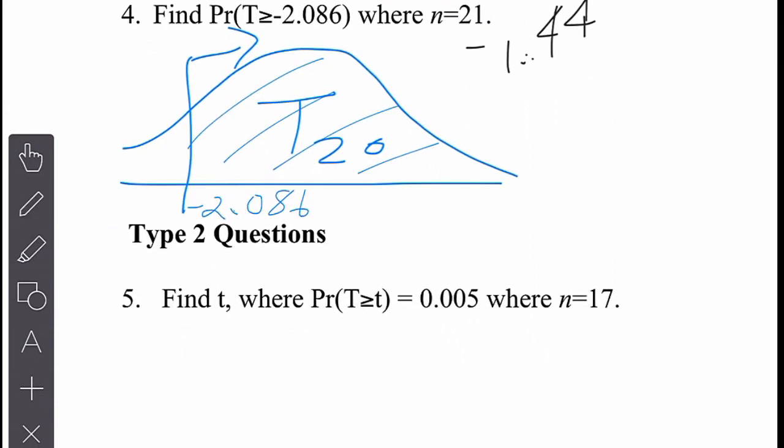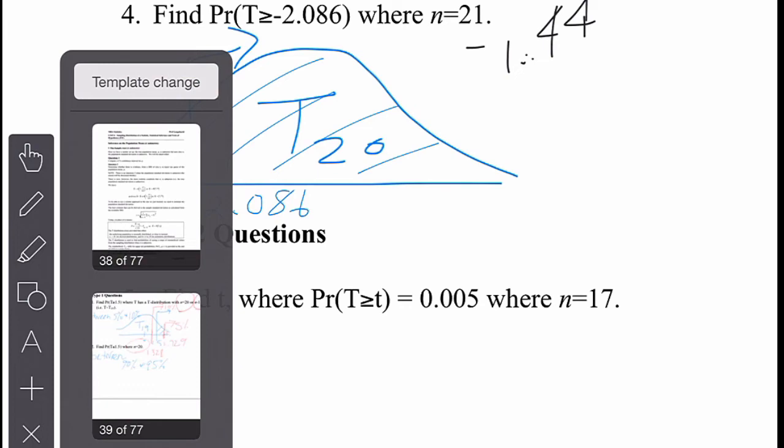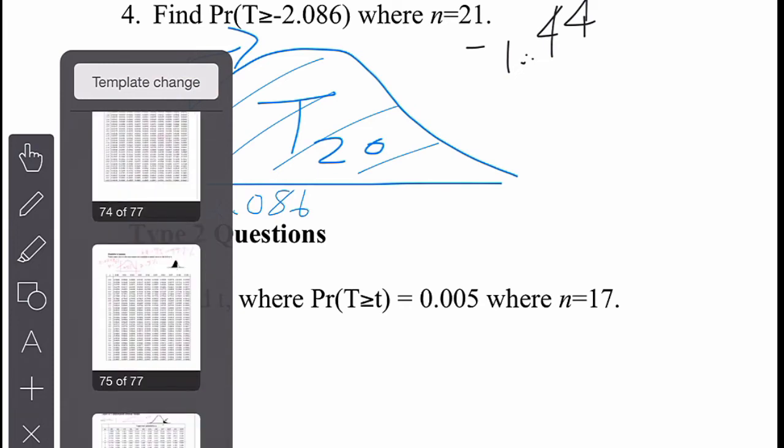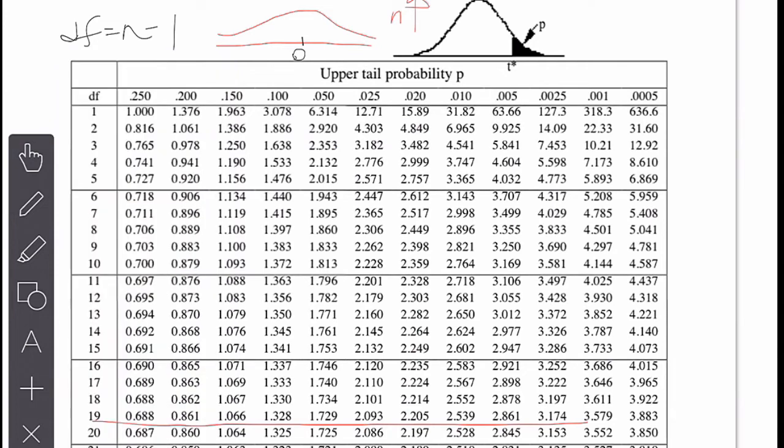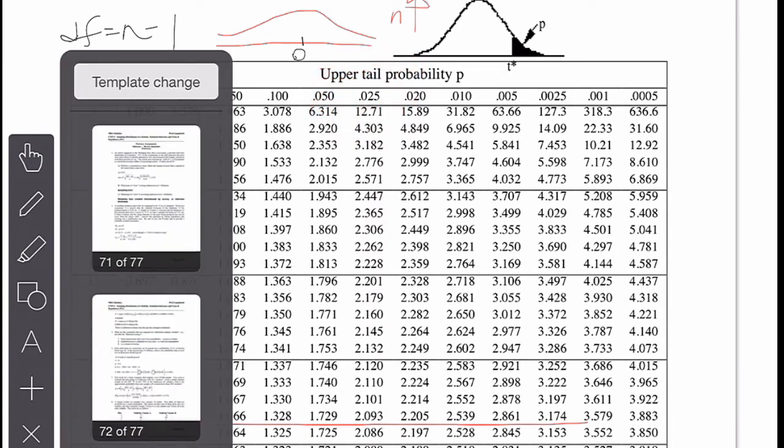So I go to my table and I look on the 20th row, right? Because it was 21. And negative is not going to be here, but I find the positive version. So what do I do with the positive version? The positive version corresponds to 2.5%.